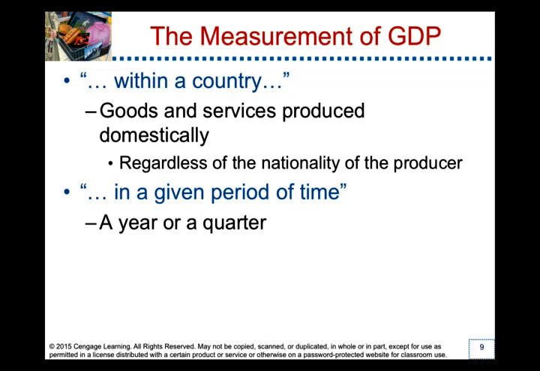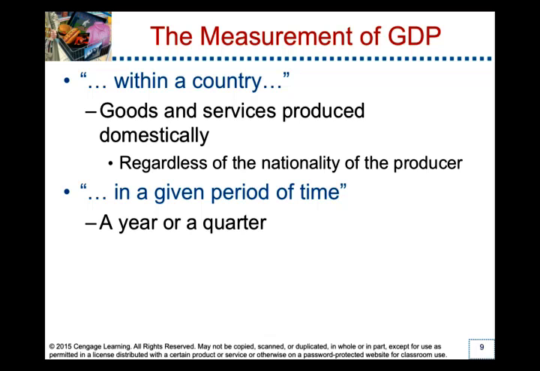On the other hand, if there is a Canadian citizen working in the US, whatever money that Canadian citizen is making becomes part of US GDP, because although that person is a Canadian citizen, he is working for the US. So whatever money he is making becomes part of the US GDP, not the Canadian GDP.